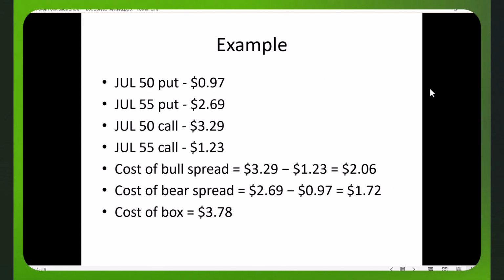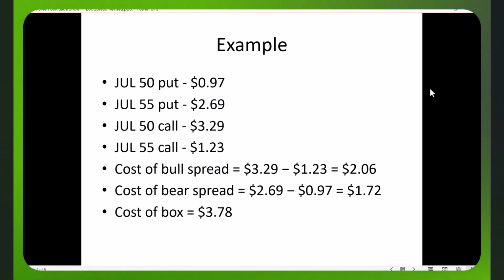Suppose we have a July 50 put that sells for 97 cents. The July 55 put sells for $2.69. So the 55 put should sell for more than the 50 put because, remember, for a put, this is the price you can sell the asset for. And being able to sell at 55 is certainly better than being able to sell at 50.